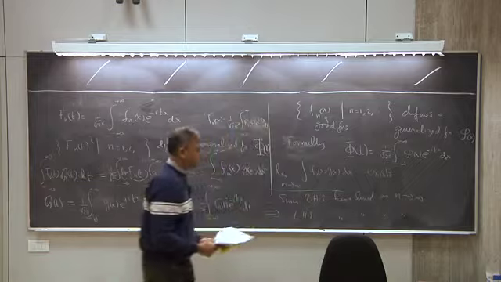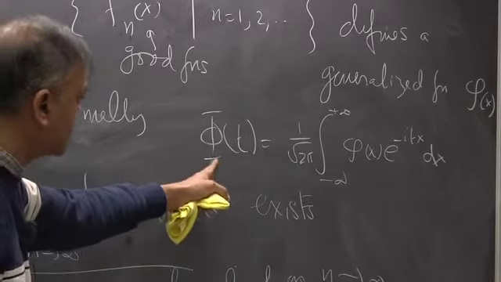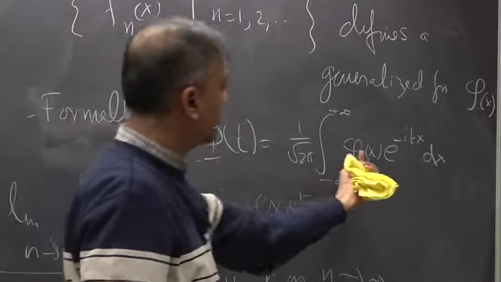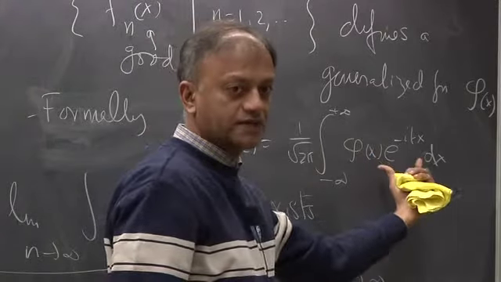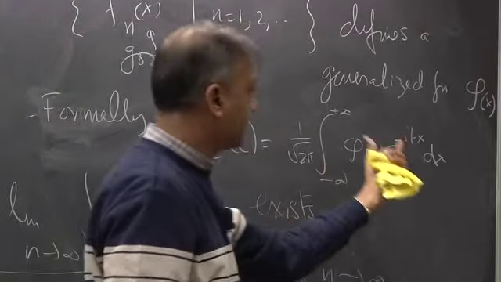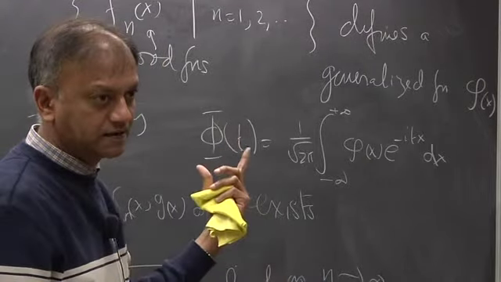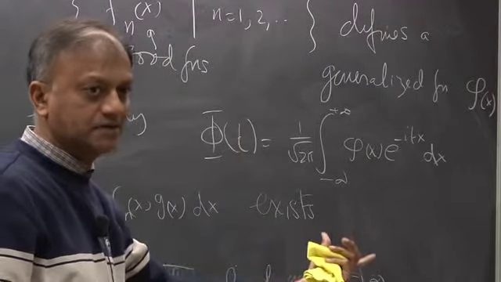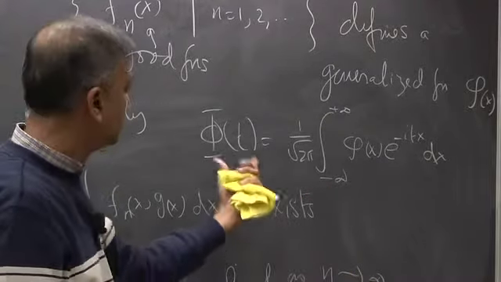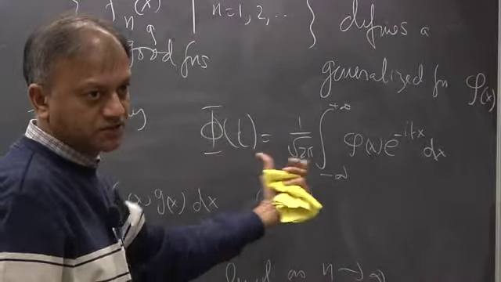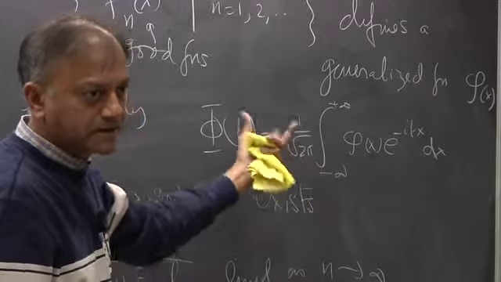But this is a formal expression, in the sense that what this really means is that you take the sequence which defines this and consider the Fourier transform of that. That defines a sequence of good functions of t, and that sequence again has a limit. That defines a generalized function, which is this generalized function. So it's a formal expression, but it has that meaning.